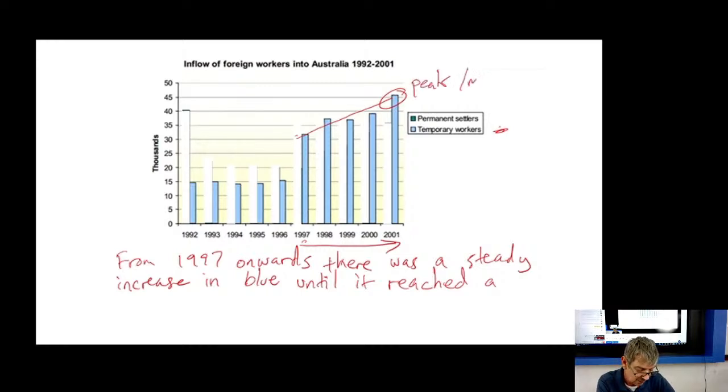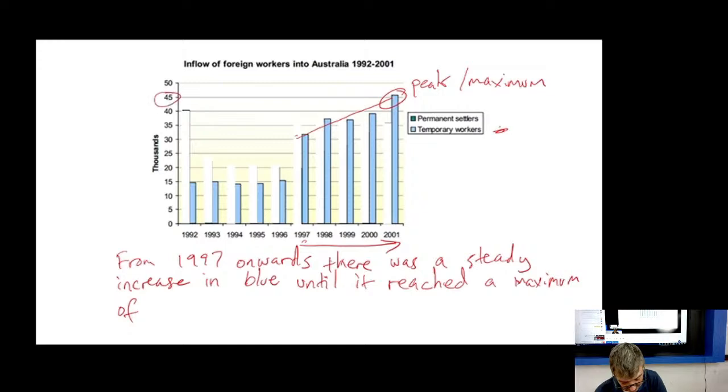You could say peak, but really we don't know what happens after the graph. So actually this is a maximum for our graph. So you could say something like until it reached a maximum of, and then what is the value.